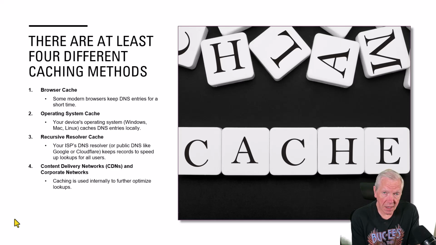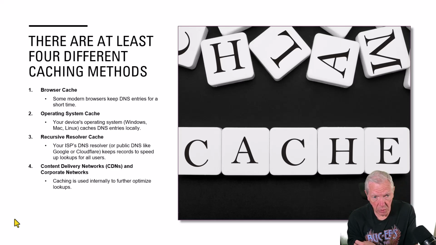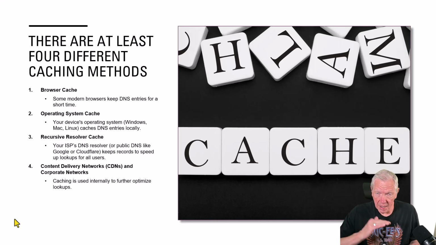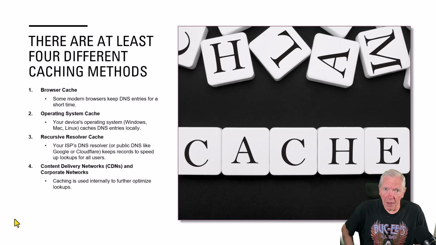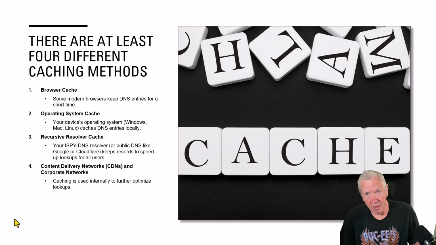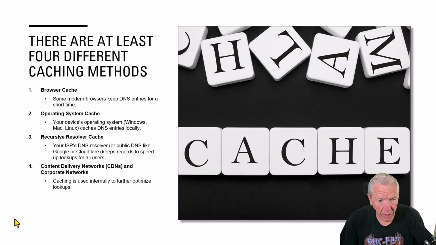Your operating system can cache these websites as well. And then you have the recursive resolver cache, like your ISP's DNS resolver, that has some of this stuff cached as well. So you can see how it striates up the ladder, and then only if we have to do we go and hit a top-level domain server. The reason we do that is because we don't yet know the number. Nobody knows that number yet.